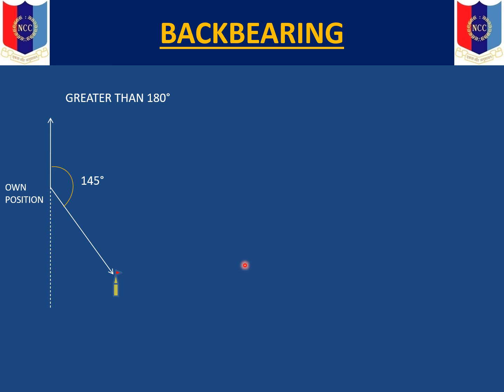Now let us see what is back bearing. It is the bearing taken opposite of original position of the object. To make it simpler, let us see this example. You're standing here at the center and you've taken a magnetic bearing of 145 degrees east towards this temple.